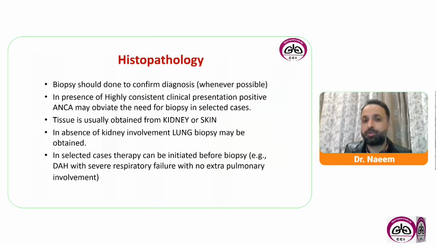Along with histopathology, the biopsy becomes very important, and the important sites for biopsy will be kidney and skin. If we are not having this involvement, the lung biopsy has a role.